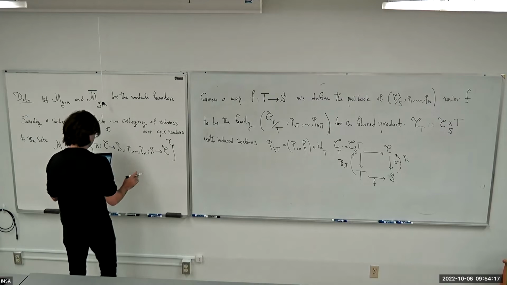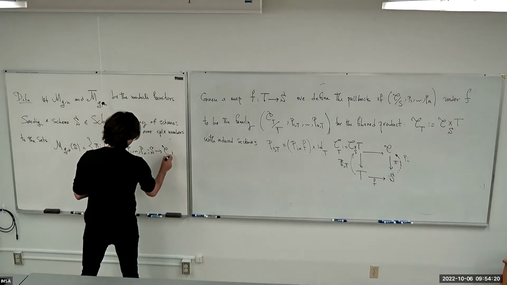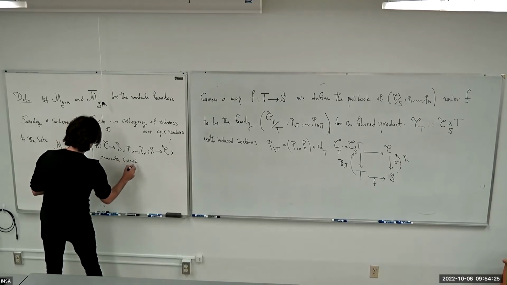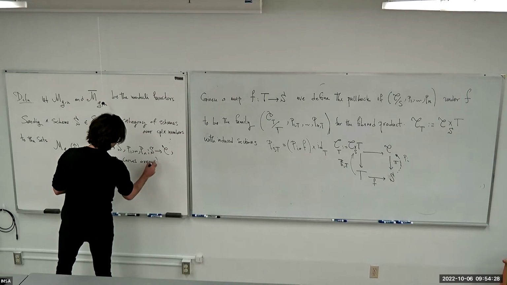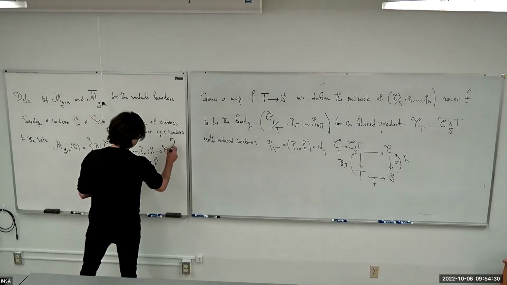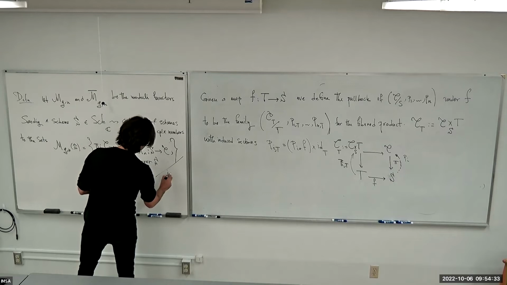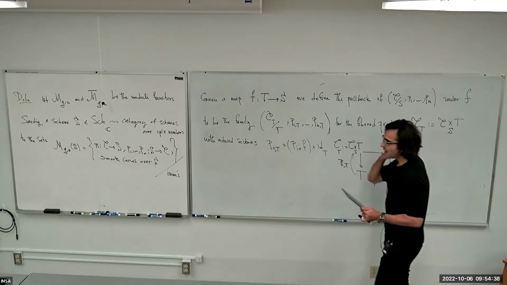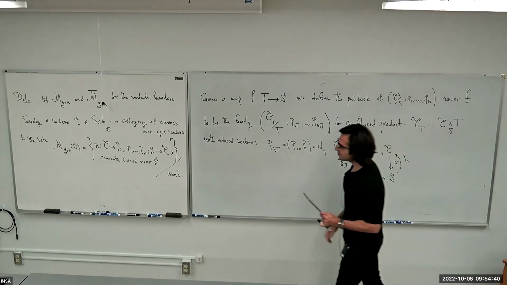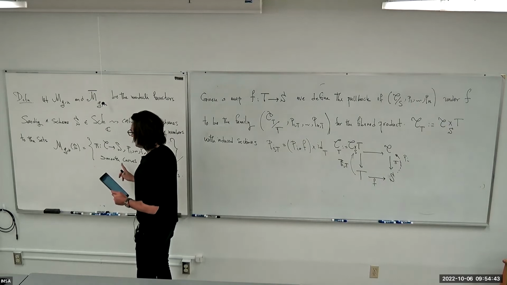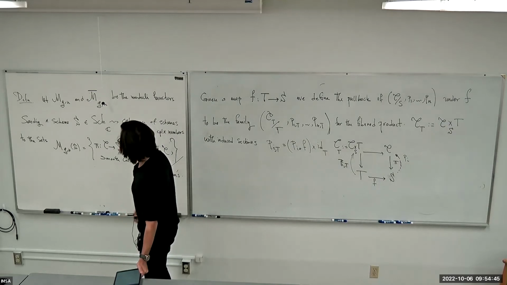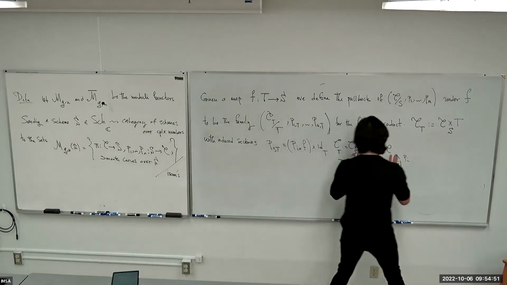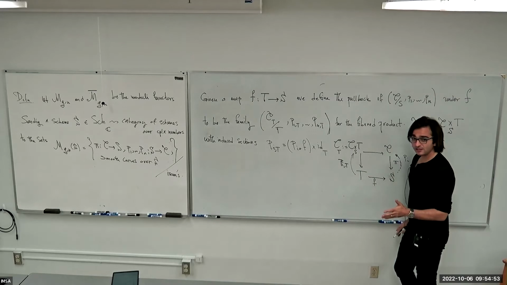So these are smooth curves over S, set up modulo isomorphisms. I define my moduli functor in a way that if I have two objects which are isomorphic to each other, now we know what isomorphism is.